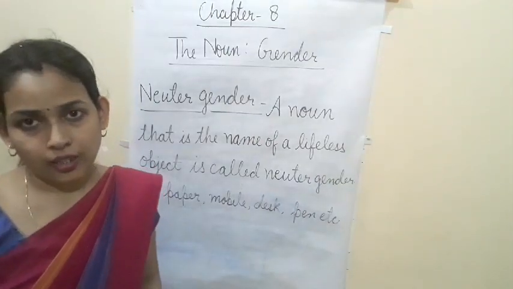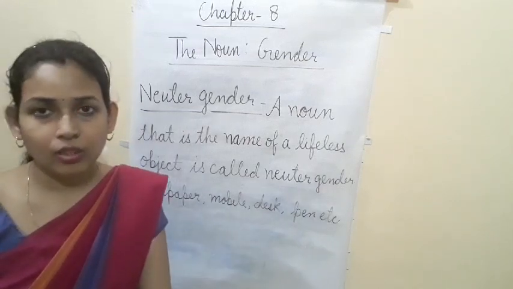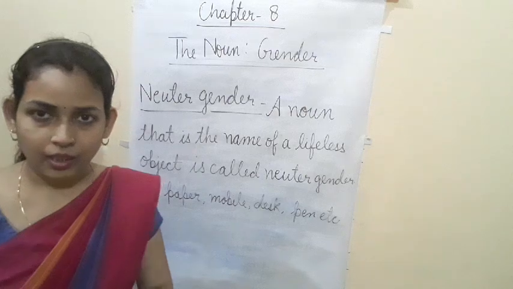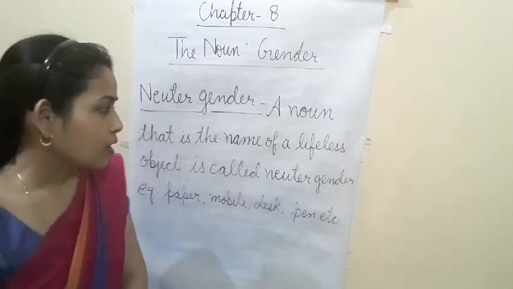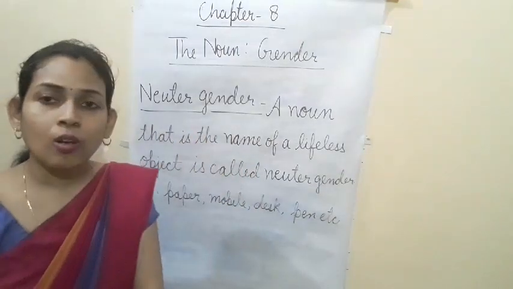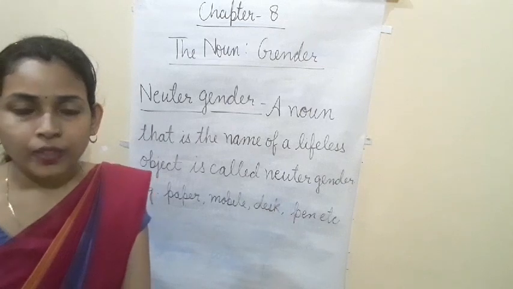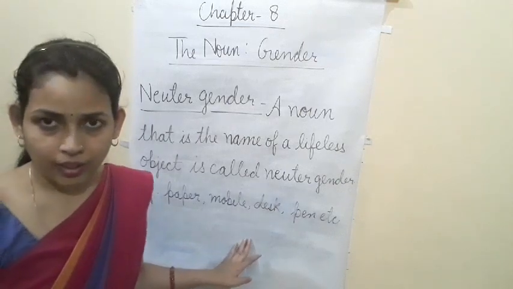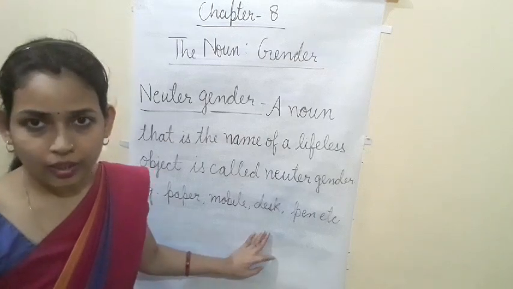Many examples are there which have no life. We keep those nouns in the category of neuter gender. Some examples I have already written. I hope neuter gender is also clear.